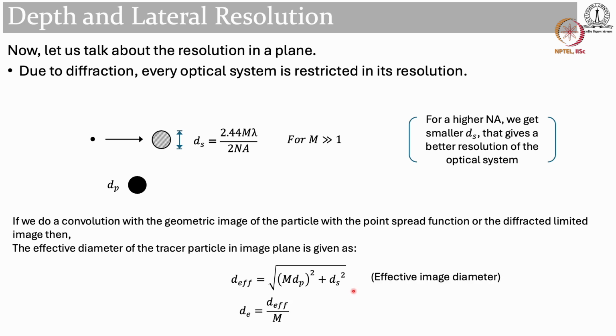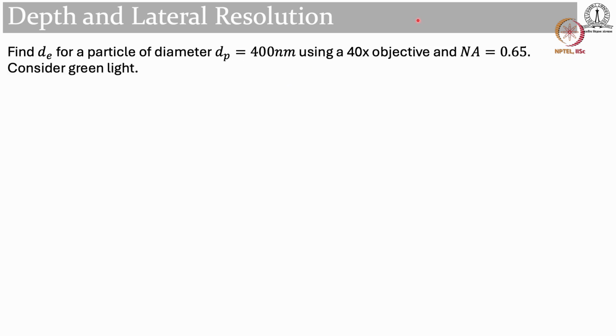Now if you want to find the effective particle image diameter by projecting it back into the flow, we must divide it by the magnification, and we get the value of de. Let us solve a problem to get a bit more insight about what we want to find. Regarding the convolution technique, we won't go into the depth of that, and you can study it from literature available online.